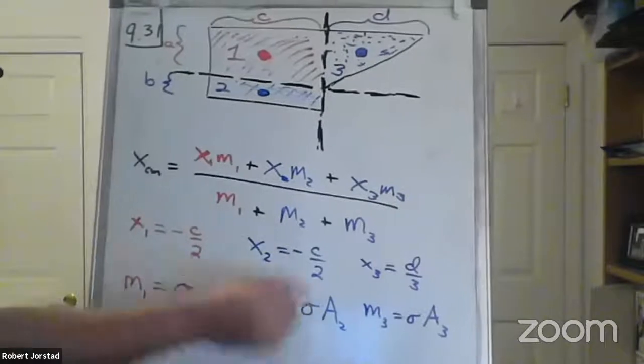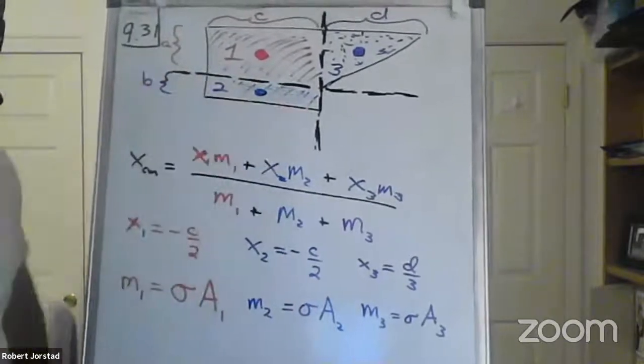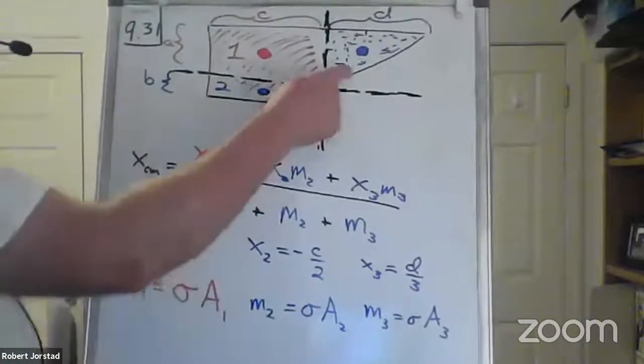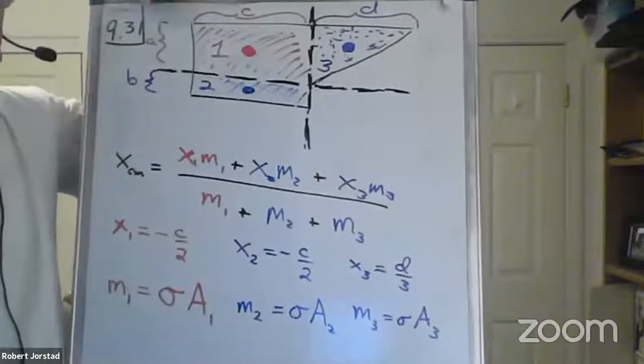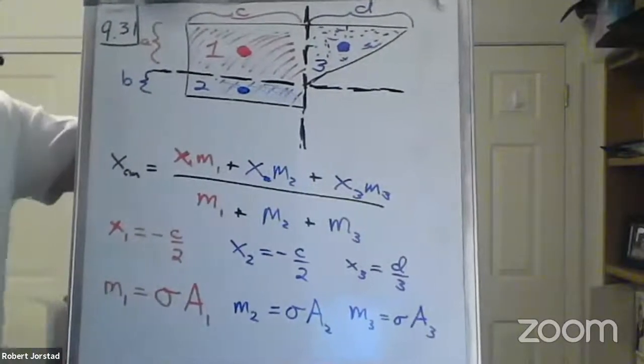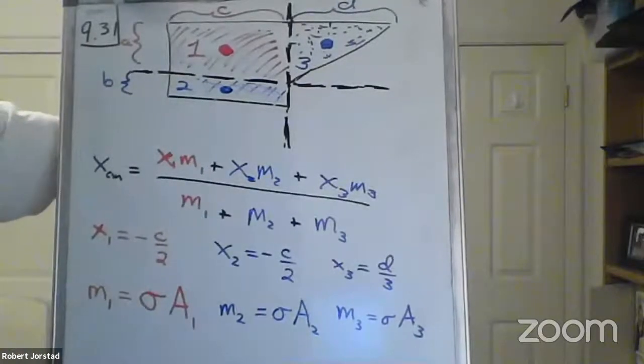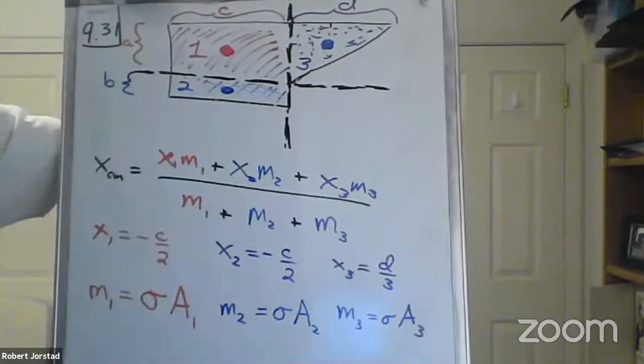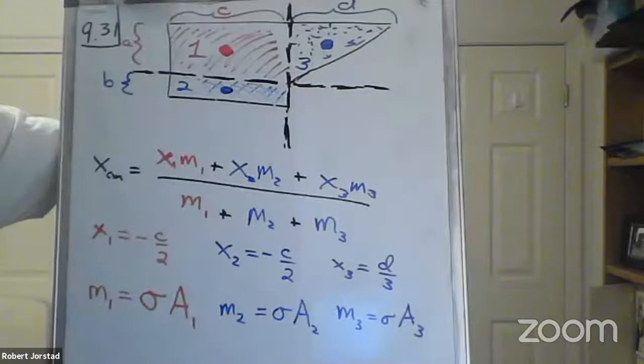Area 2 would be BC. And area 3 would be what? What's the area of object 3 there? AD over 2. Yep, AD over 2.